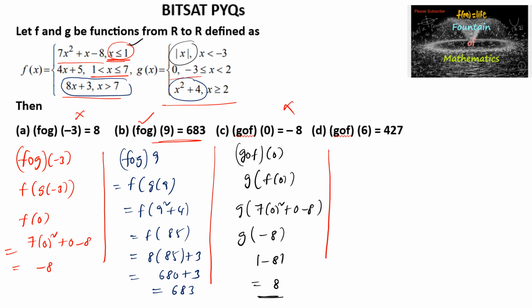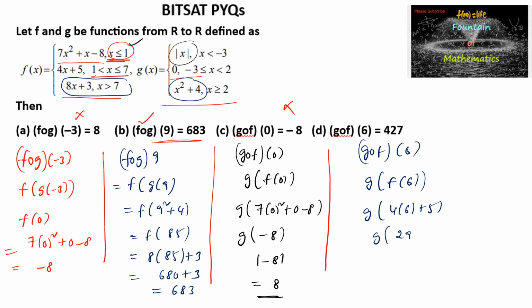And coming to option D, we can say that g circle f of 6 can be considered for x between 1 and 7. So we must take g of f of 6 is equal to g of 4 into 6 plus 5. We must consider this 4x plus 5 function, which implies 6 4s are 24 plus 5, that is 29.